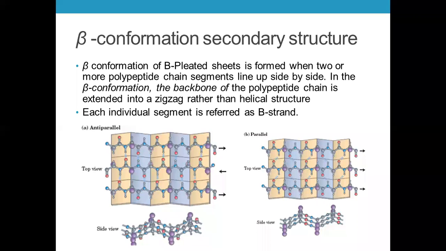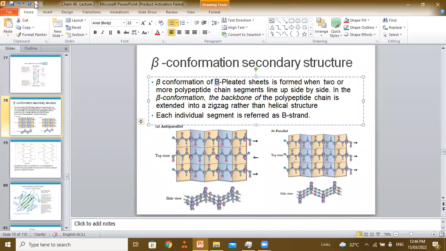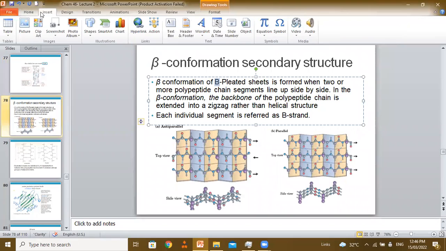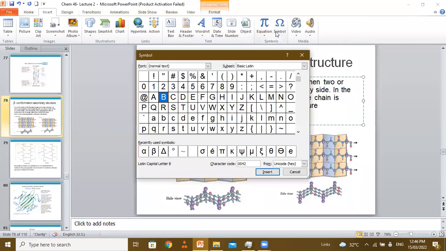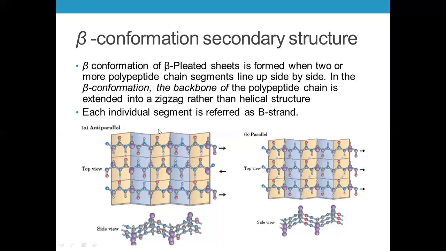Another secondary structure of the amino acid is what we call the beta conformation, or the beta sheets. It is formed again through hydrogen bonds, like the alpha helix, but if you look at its structure, it is a sheet. You won't see a helix. So the beta sheet is formed in 2 or more polypeptide chain segments lined up side by side.